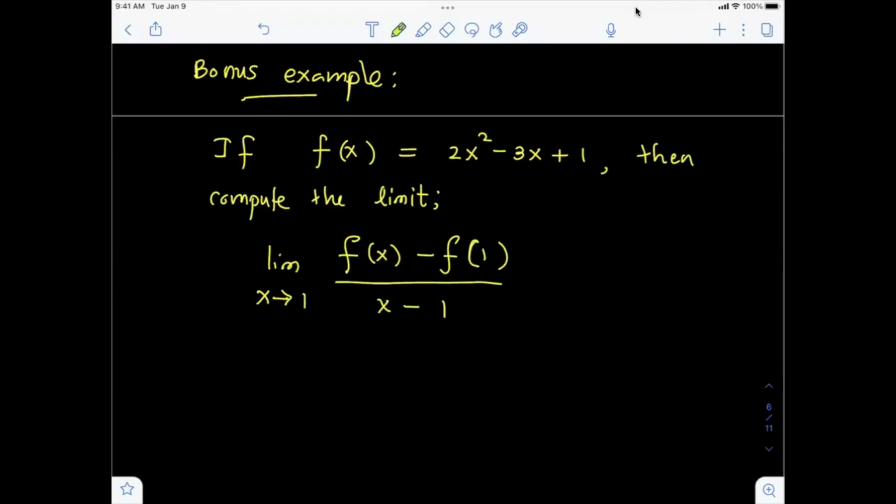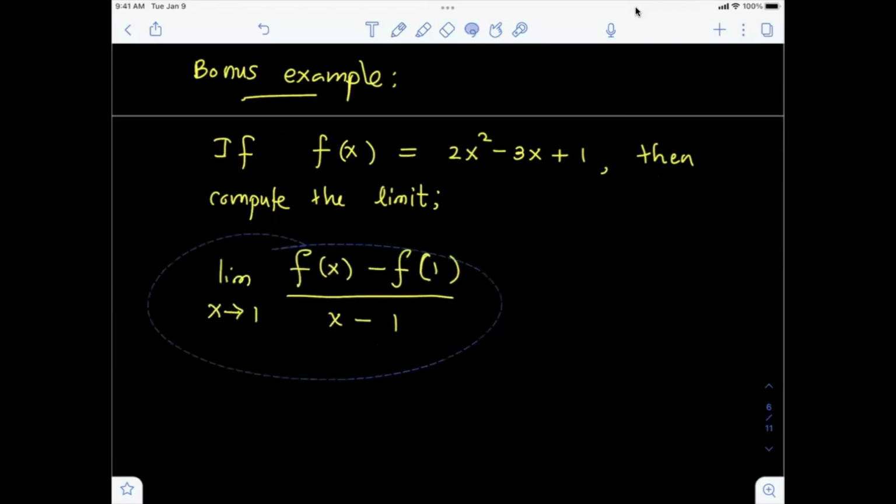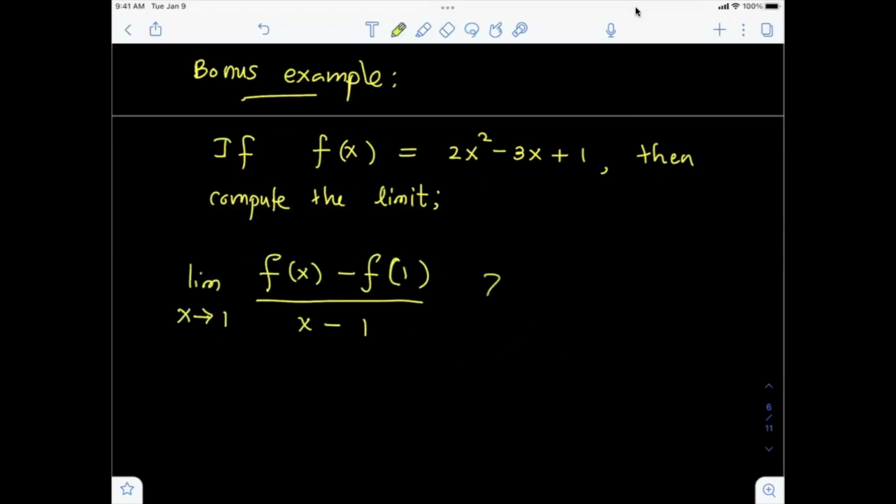Now, the first thing, we need to do this computation on this definition. Now, the definition is this. F of x is given right here. And don't forget, here you need to have f at 1. So you need to compute f at 1. So in other words, just plug x equals 1 in this expression, and then let's try to simplify.